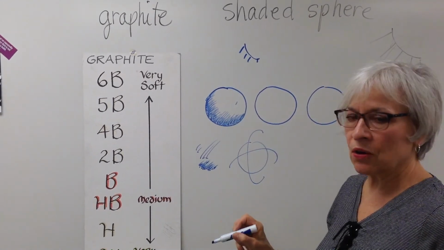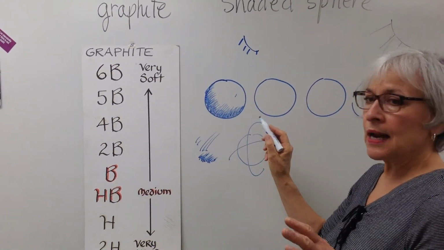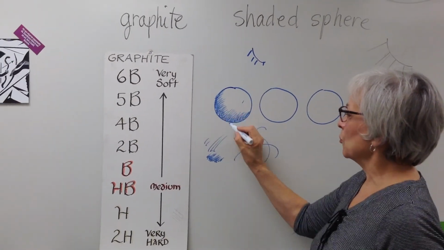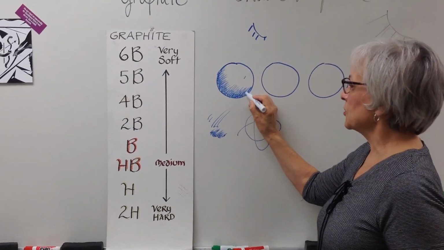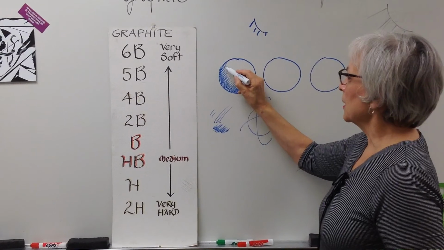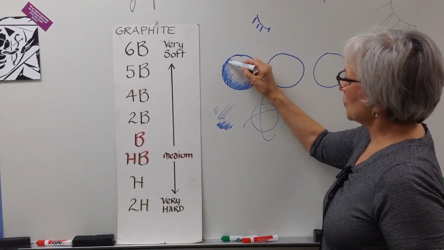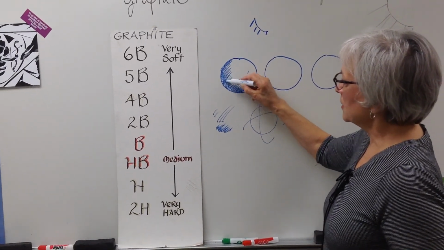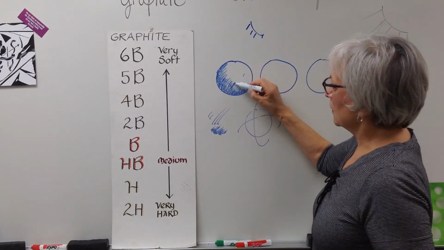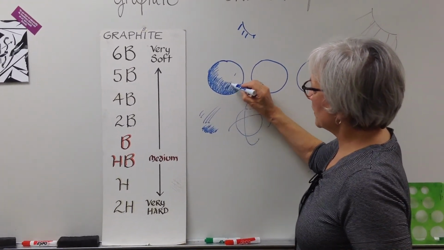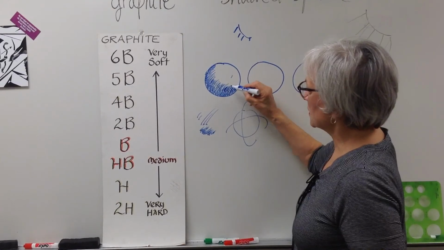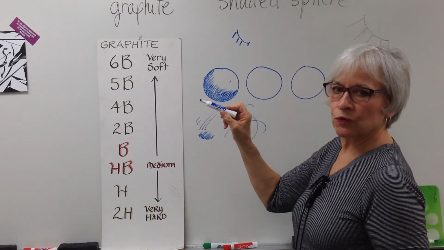Now I would be starting out with the H pencil, and when I want to add more dark, I would go to the B pencil and start to create a darker value over here. Chances are you want to at least bring the value halfway. Now notice my lines are not getting real straight because I'm holding my hand too far back on the marker.